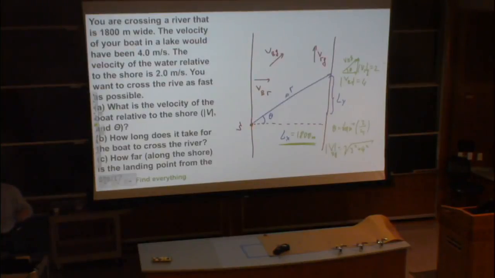And if you want to calculate time, we have several options, but again, I prefer using x components, so time should be equal to Lx over the magnitude of Vx, which is actually Lx over the velocity of the boat relative to the river.